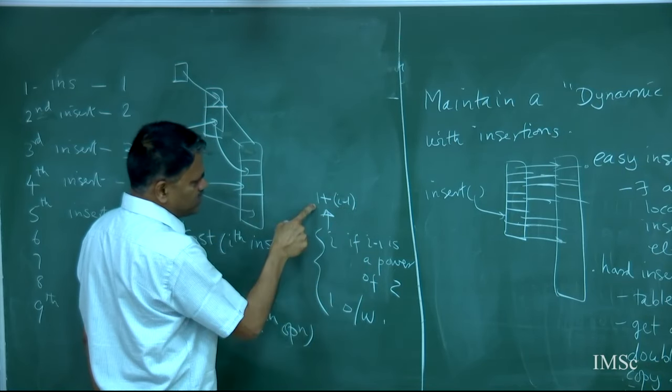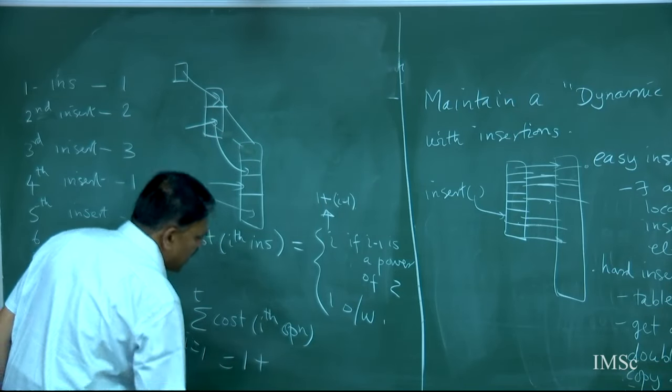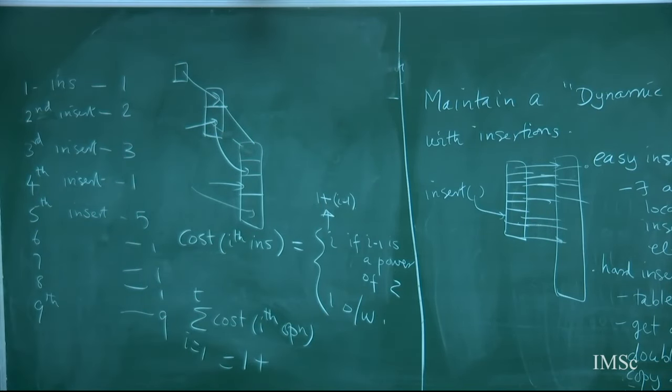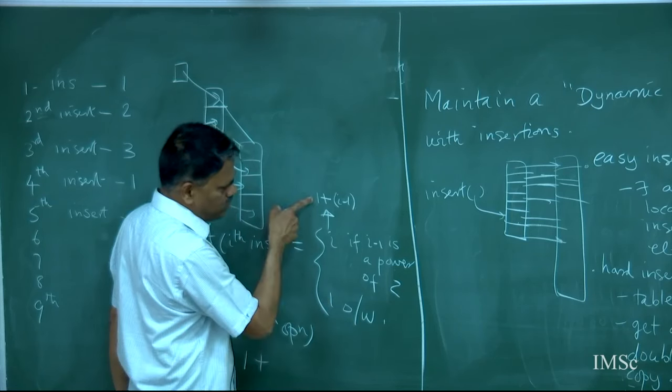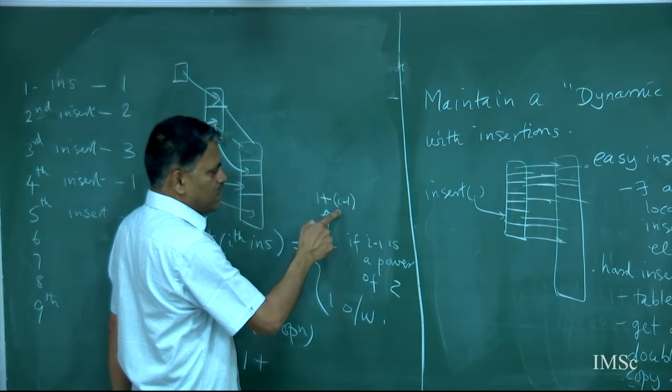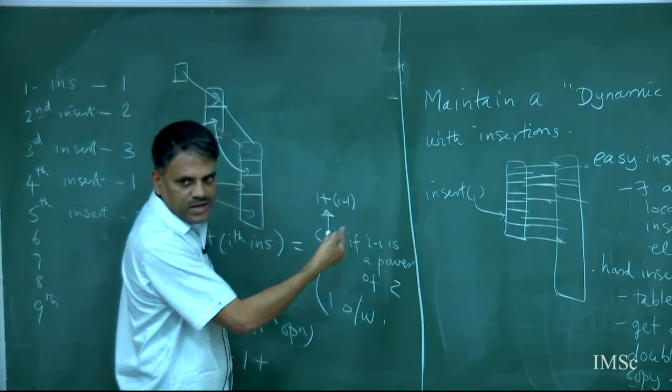So there is a 1 which is there everywhere. So this is going to be 1 plus all the powers of 2 in the i's I have. Think of this as 1: there is a 1 always here, and the power of 2 is added only if i minus 1 is a power of 2.